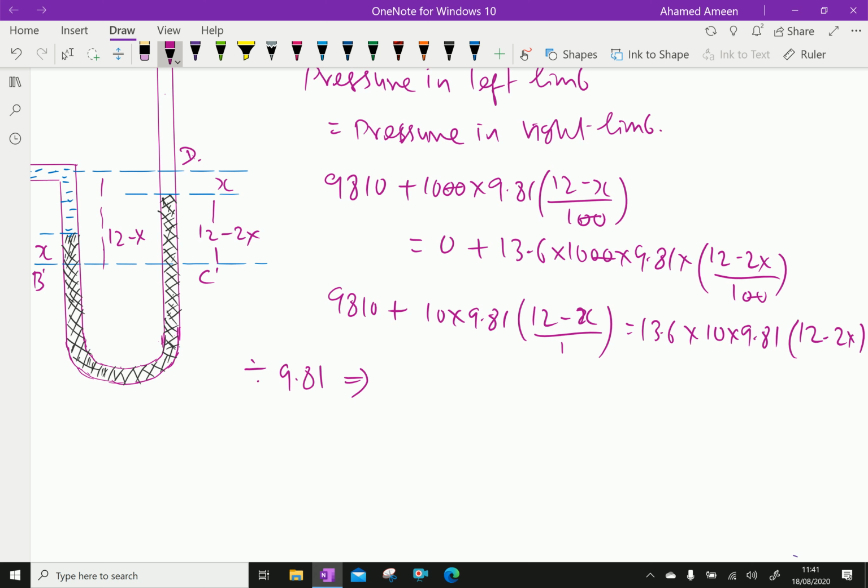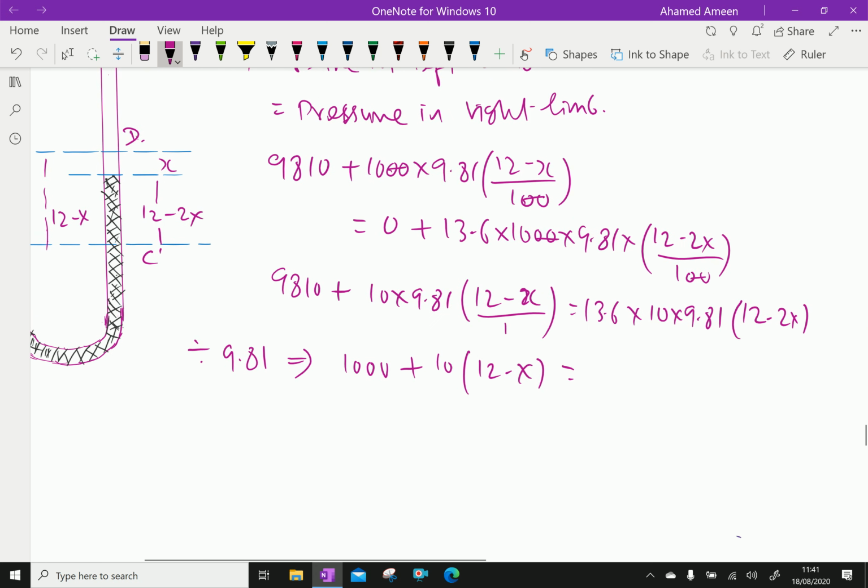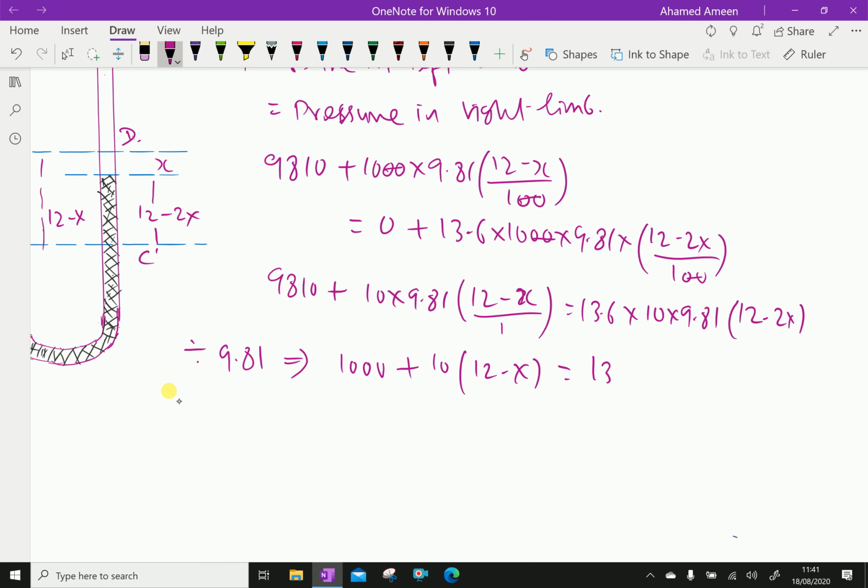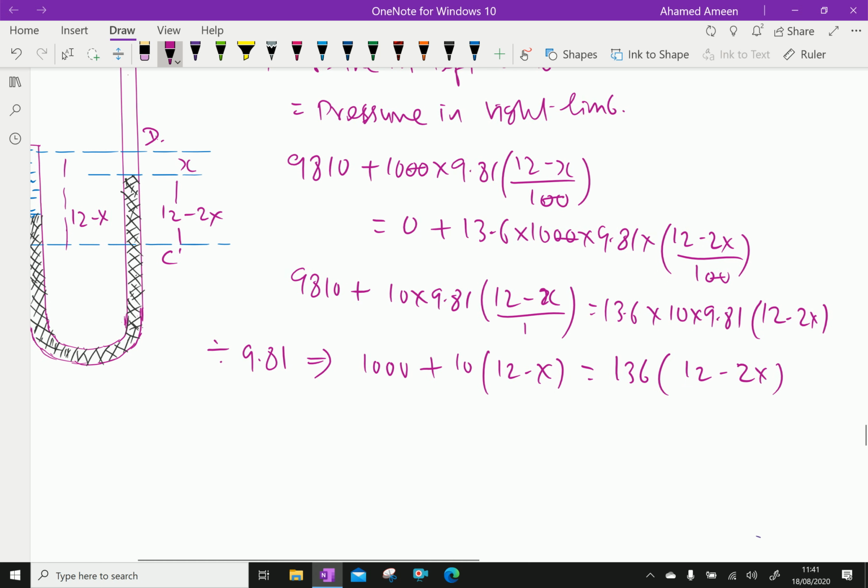We get 9810 divided by 9.81 is 1000 plus 10 into (12 minus x). This side is 136 because 13.6 into 10, 9.81 will cut, then (12 minus 2x).